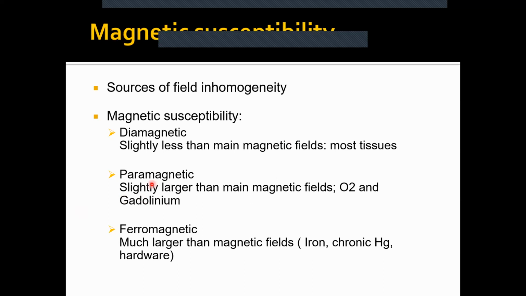This is stuff like the gadolinium contrast that we use, and that's why we use it, because it's paramagnetic. And then you have ferromagnetic, which is very, very responsive to your magnetic field, so stuff like iron. That's why, for example, you don't want any metal objects on you, because they tend to be very ferromagnetic.